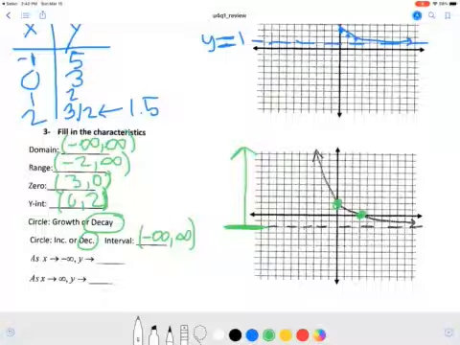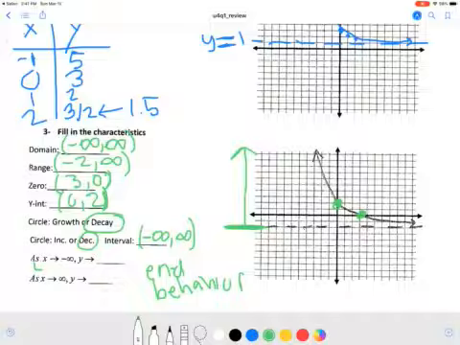Last part, we call this end behavior, remember? End behavior. Alright, so as x goes to negative infinity, which is to the left, my y is going up and up and up.